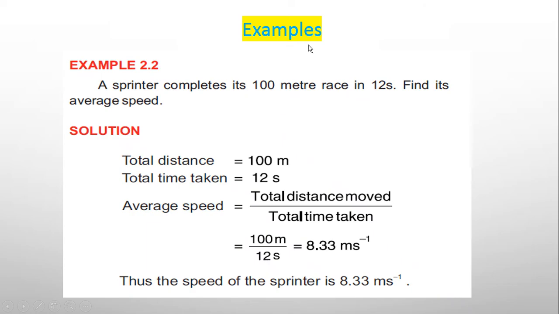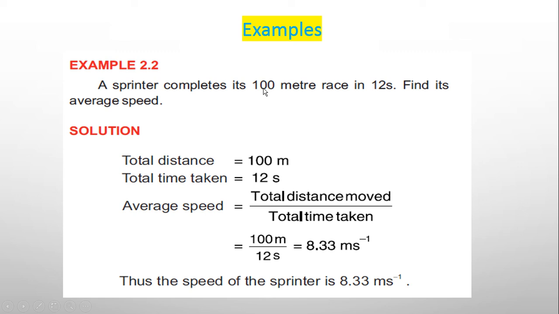Moving towards the example related to topic speed and velocity, here is example 2.2. A sprinter completes its 100-meter race in 12 seconds. Find its average speed. Students, you have to know the formula for average speed is total distance moved divided by total time taken. You have the total time and total distance in the statement of numerical.